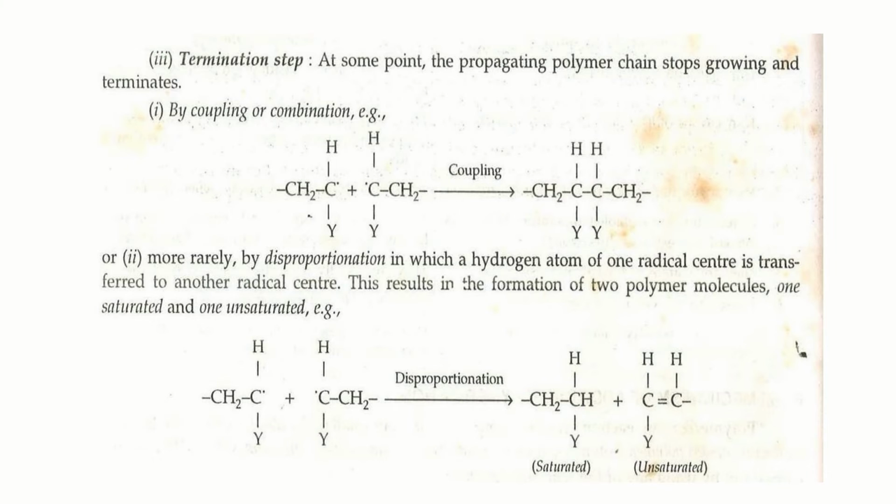The second type is where one polymer chain contains a free radical in its last monomer, and similarly another polymer chain contains a free radical, and bond rearrangement takes place to form two types of product, one called a saturated compound and the other an unsaturated compound.